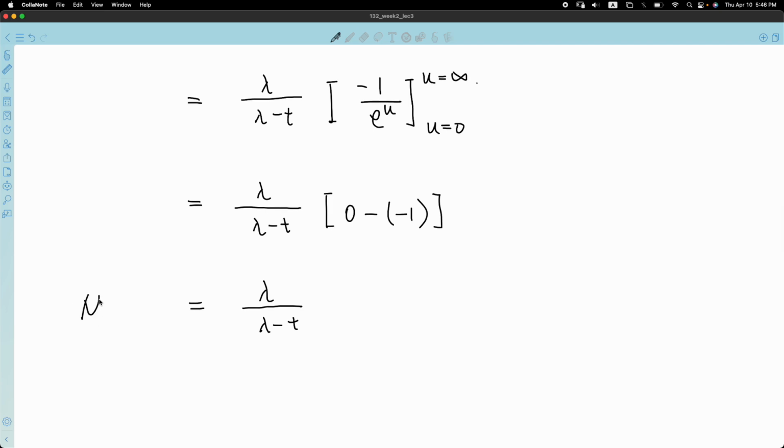Yes, the moment generating function for random variable x, where x follows an exponential distribution, and this is a function of t. So you can see that there's a t showing up on the right hand side. So this is a function of t, and this is the moment generating function for x that follows an exponential distribution. Okay. Any questions, comments up to this point?